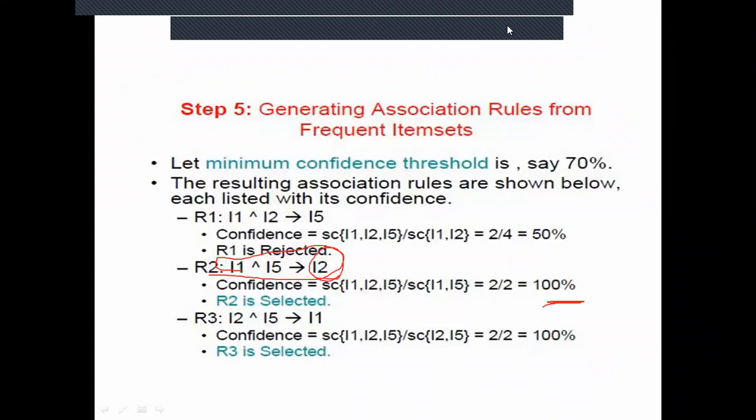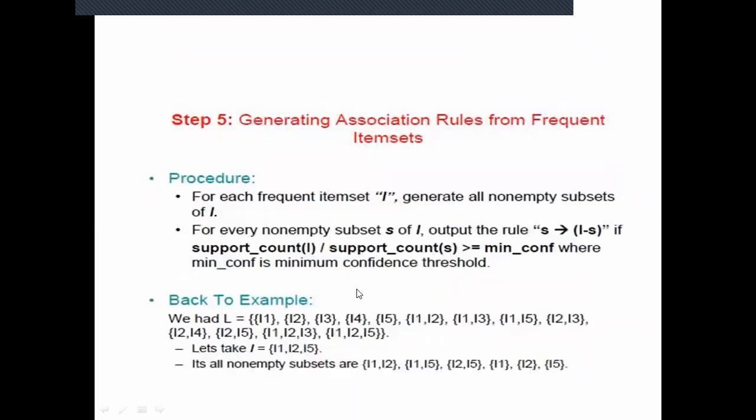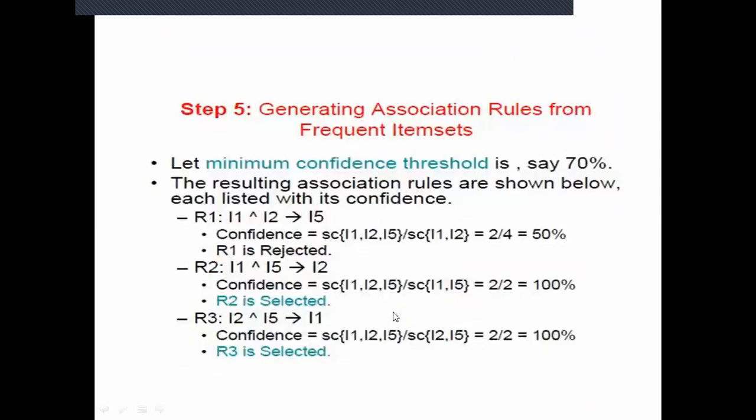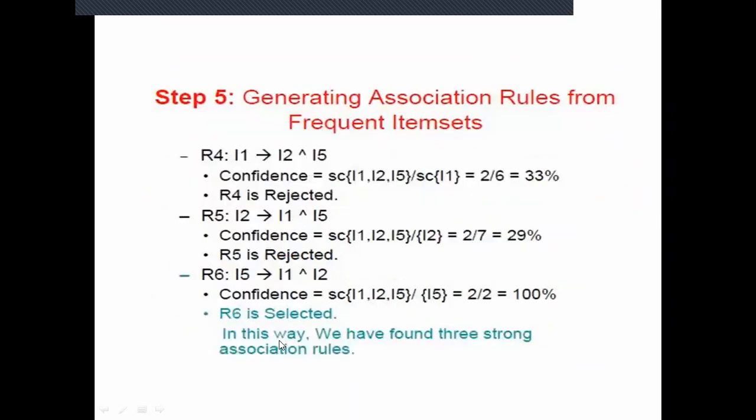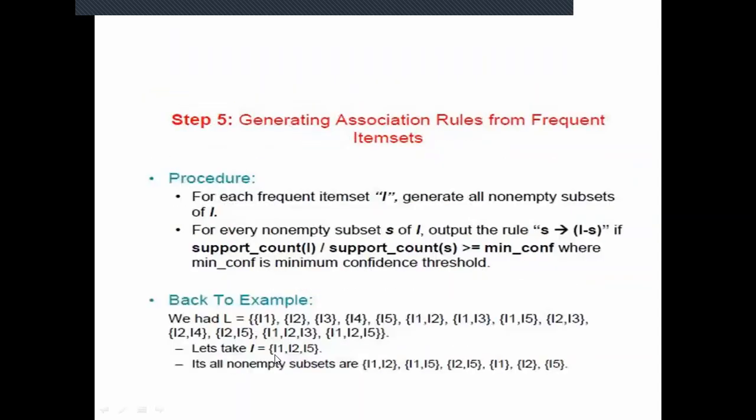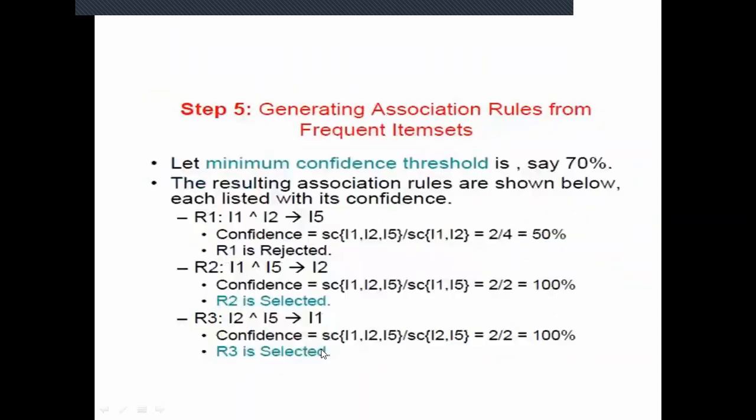Similarly, you need to do this for all other subsets. You will take this one as S, this one as S, this one as S, and this one as S. So you can see this one is also selected, R3. Then if you take R4, this is not selected, this is not selected, even this one is selected. So from this example, when you're taking I as this, what are the different rules that we have generated?